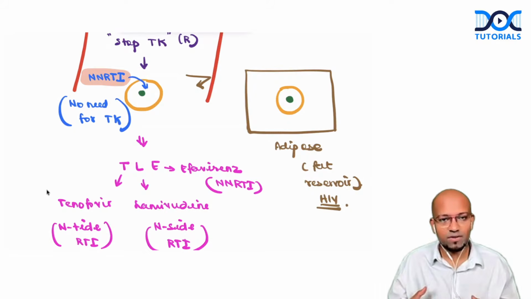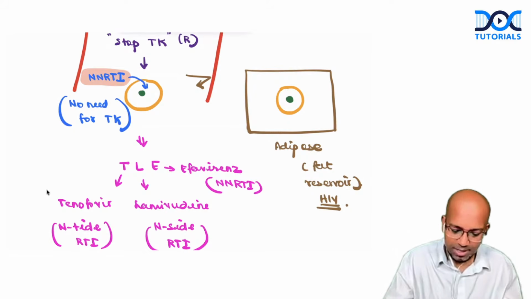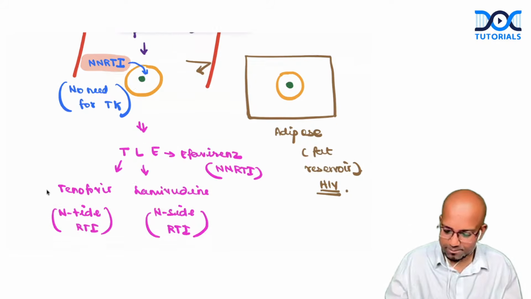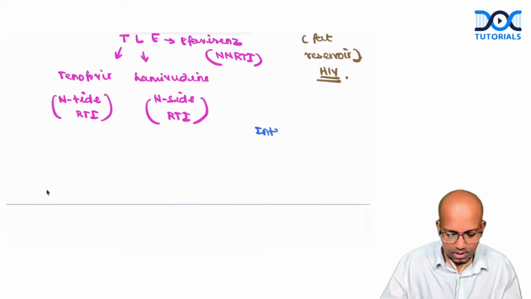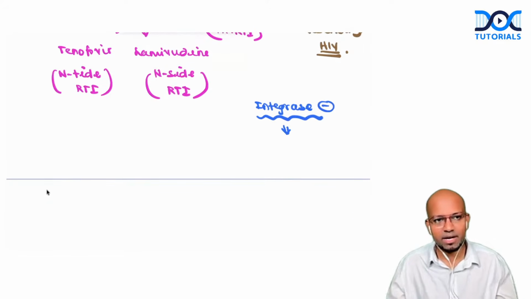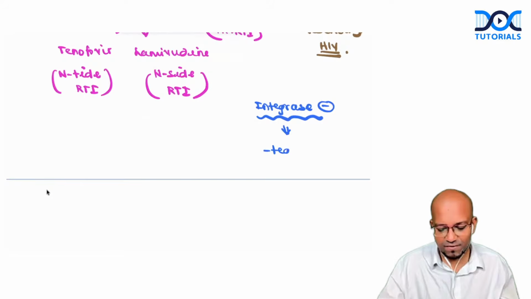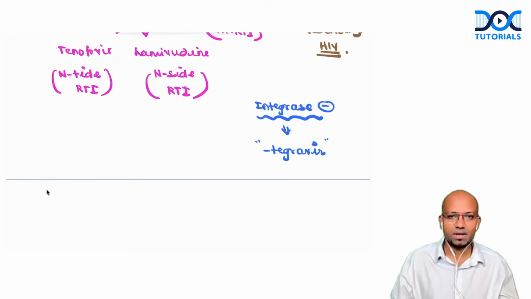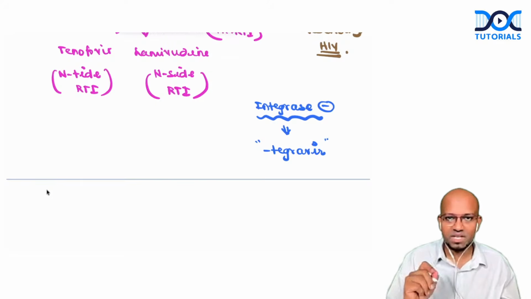So what we did, we came up with the third drug, and that drug is named as integrase inhibitors. Integrase inhibitors are easier to remember, my dears. The drug name will have tegravir. If a drug name contains tegravir, it is an integrase inhibitor. Easier.